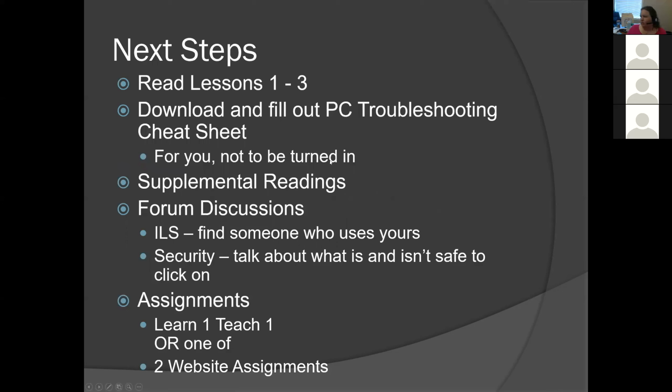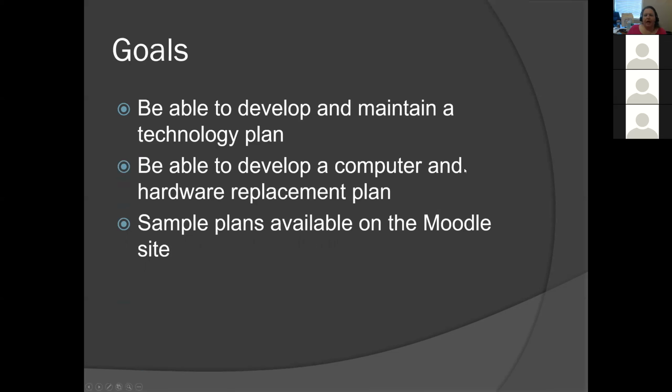I was going to talk a little bit more about planning. The three things that I think are really required for a technology plan is, one, a technology inventory. And this is going to be necessary for insurance purposes. If you ever get audited, they're going to require a list of everything you own, including your technology.